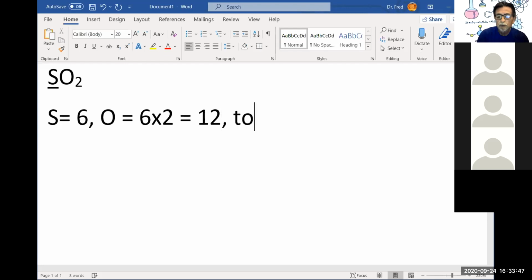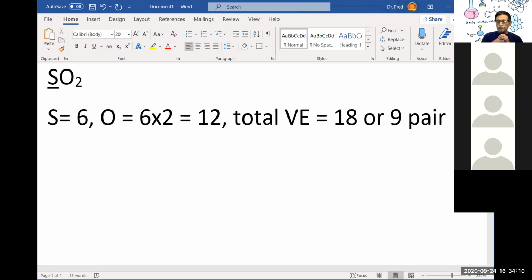So we have a total of valence electrons, VE, equal to 18. Everybody agree on that? Yes. Right? Okay. And so, or I can say I have 9 pairs of electrons.